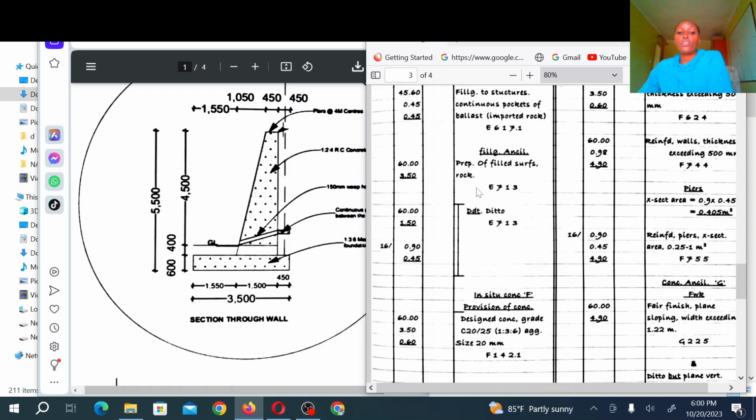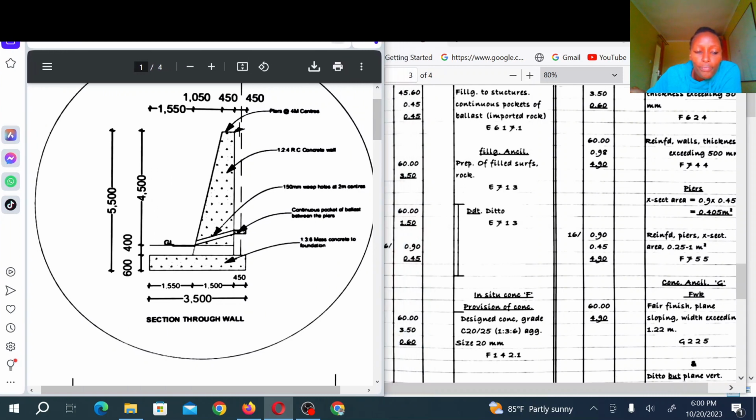Then now we need to go to in situ concrete. When we are taking off using CESMM, I hope you have realized it's not like when you are using the SMM, because in SMM the order in which things happen has to be maintained. But in CESMM we usually group activities that are done. Like now we were doing earthworks. We should cover everything in earthworks.